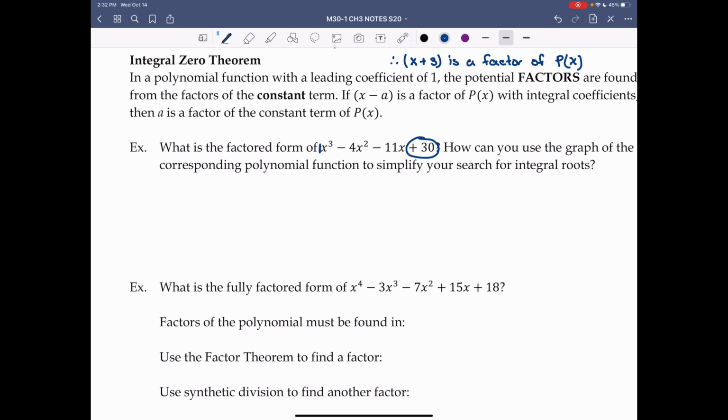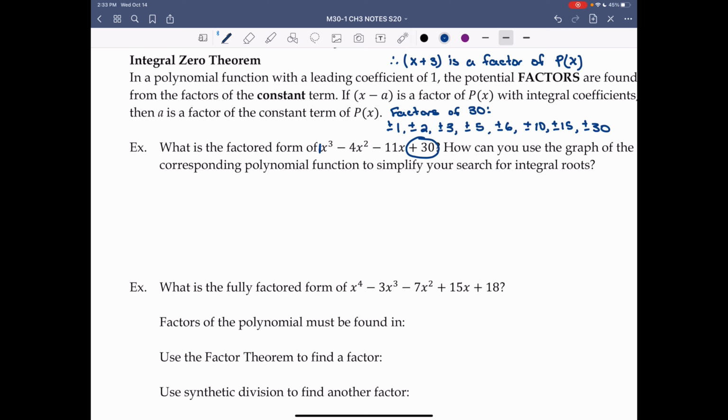So factors of 30 would be plus minus 1, plus minus 2, plus minus 3, plus minus 5, plus minus 6, plus minus 10, plus minus 15, and plus minus 30. Positive or negative, 1, 2, 3, 5, 6, 10, 15, and 30 can all divide positive 30.